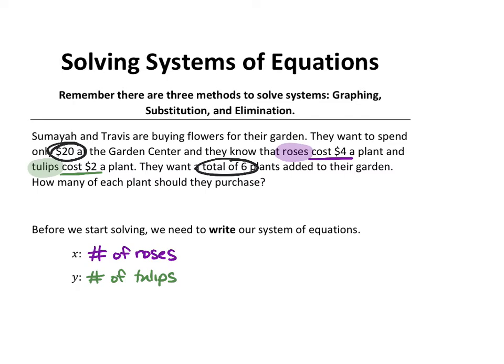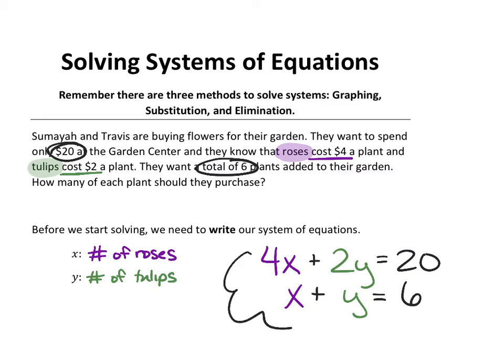So if I take the cost of the roses, which is 4 times every rose, and I add the cost of the tulips, which is 2 times every tulip, we should have a total of $20. See how I put all of the dollar sign numbers together? We also know that if we wanted to add up the number of roses and the number of tulips, that should equal 6 plants.